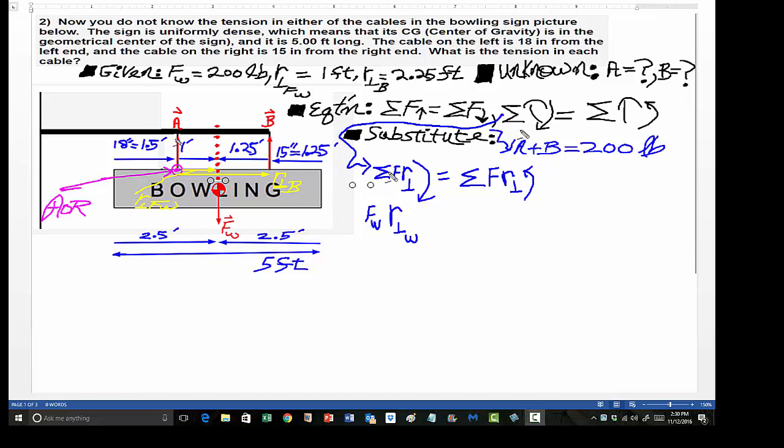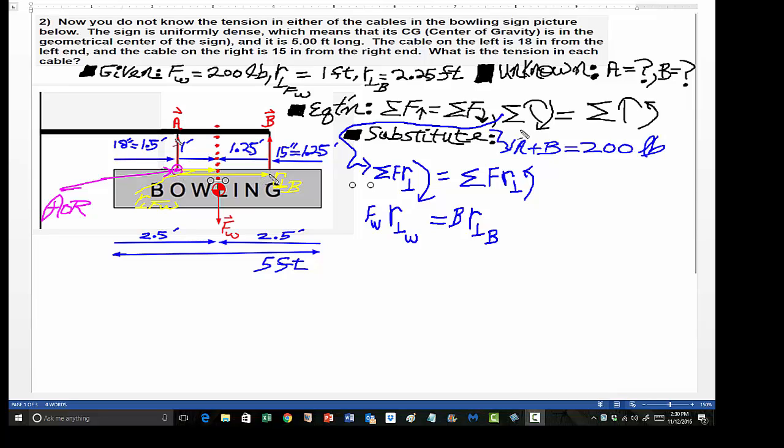So we write the magnitude of the weight force times the moment arm of the weight force. Note that in the torque equation, the force is the magnitude of the force times the moment arm. While the weight force is downwards, you only write the magnitude of the weight force. You do not write a negative sign with F sub W. Moving to the counterclockwise torques, again consider a pin driven through the axis of rotation.